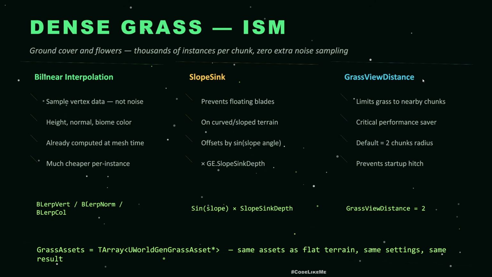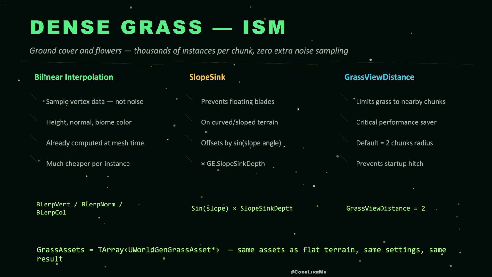And the GrassViewDistance is mainly to limit how many grass instances are spawned at runtime around the player. This is also for performance reasons. The higher the GrassViewDistance, the higher the number of grass clumps that you will have to spawn. So you have control over that depending on your game performance requirements.